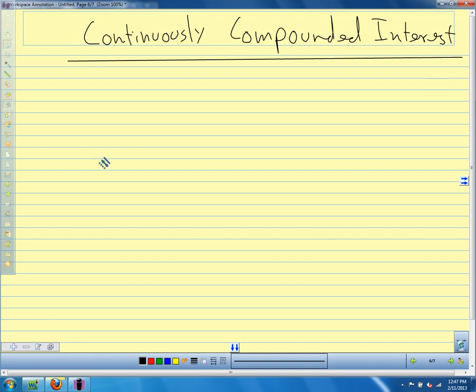And our formula becomes A equals P e to the RT. And again, A is the amount that we have, P is our principal, R is our annual interest rate, and T is the time that we have our investment.